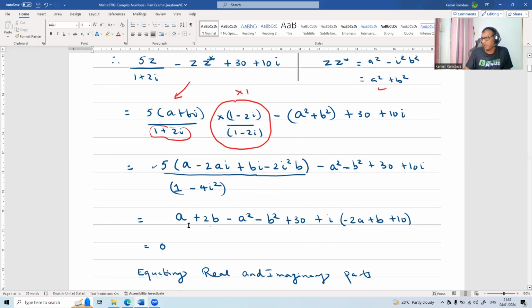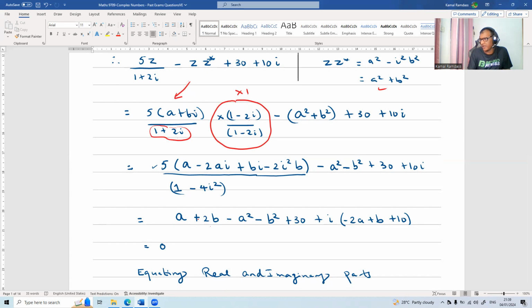OK? Et là, living 5, parce qu'en bas, il y a 1 minus 2i square, 1 plus 4, il y a 5, et 5 et 5 pour couper. OK? On the numerator and the denominator, it will vanish.